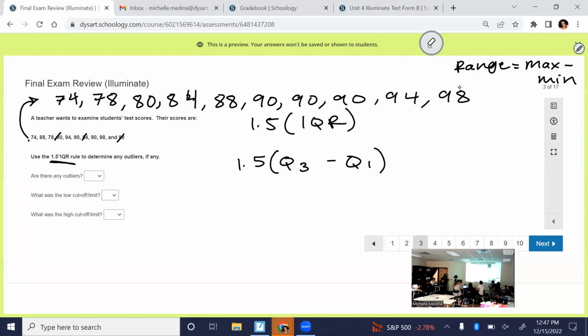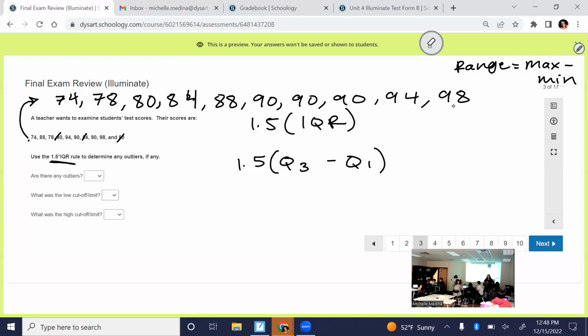Okay, so we have all of them. That's a great way to check if you have all of them: count how many you started with and how many are in your list. And the reason I'm doing that is because in order to find your Q3 and Q1, what do you need to find before that? Your median of the whole thing. You don't need your mean at all for this one.